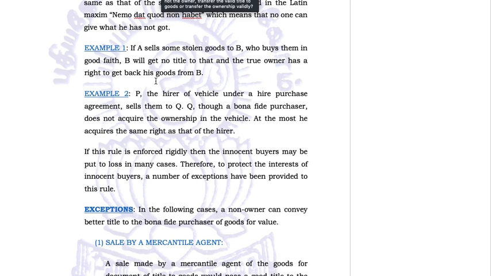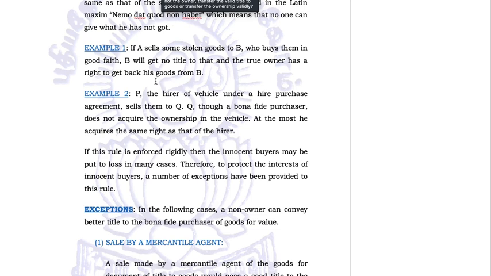At the most, he acquires the same right as that of the hirer. Because he is a hire purchaser, he will not get any title over the goods, since a hire purchaser has no authority to sell the goods unless he has finalized the purchase.